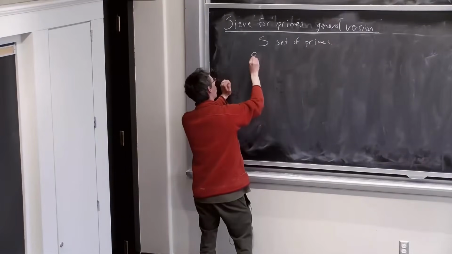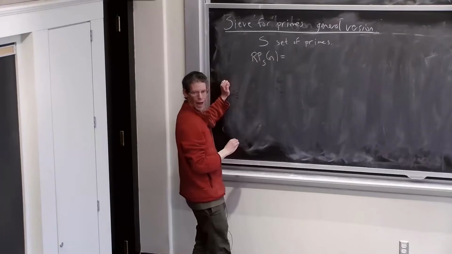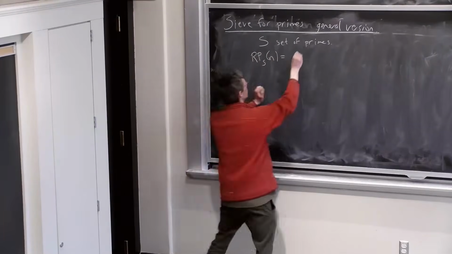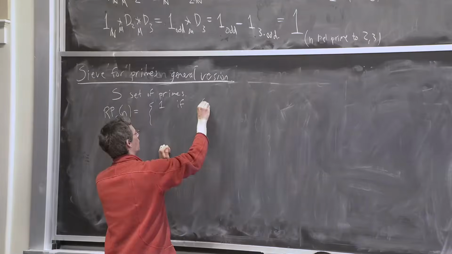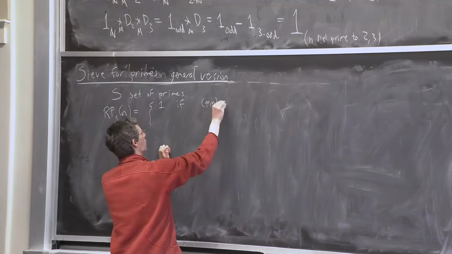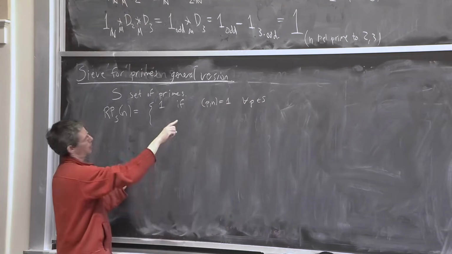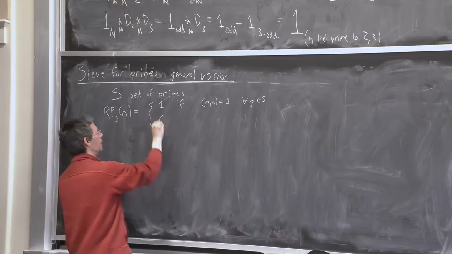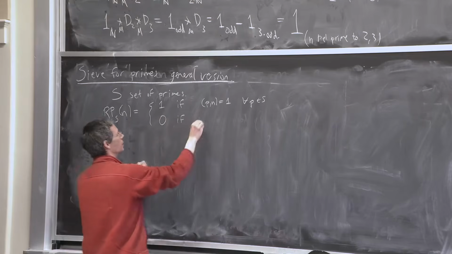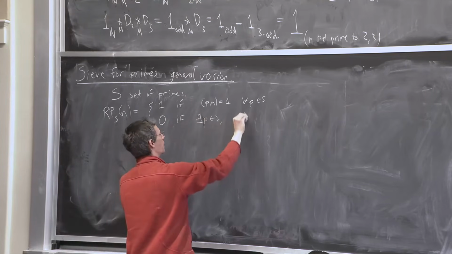And then Rp sub S of n, that stands for relatively prime to S. This is 1 if p and n are relatively prime for all the primes in my set. So it's 1 if my number n is relatively prime to everybody in S. And it's 0 otherwise. So it's 0 if there exists a prime in my set that divides n.